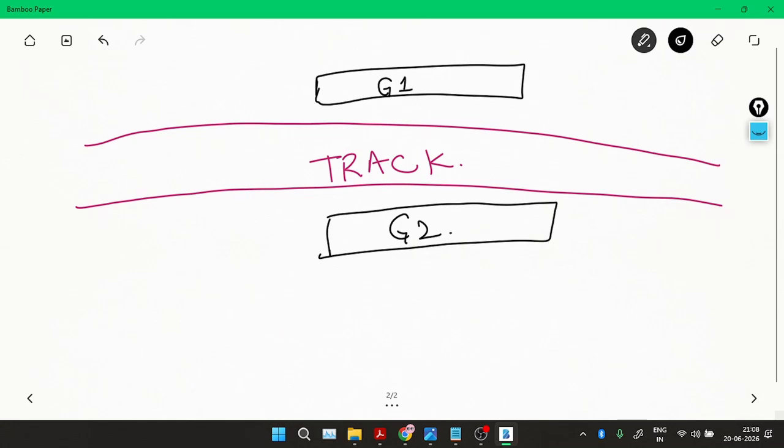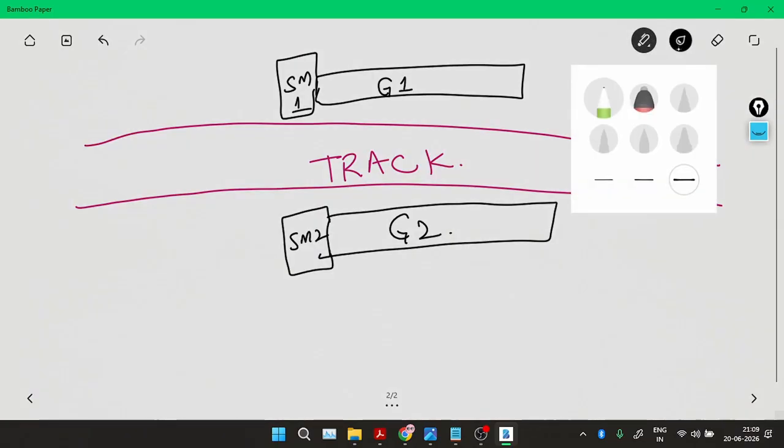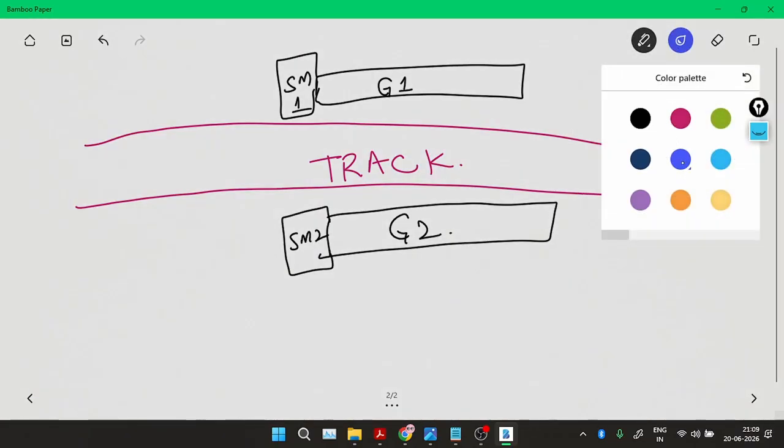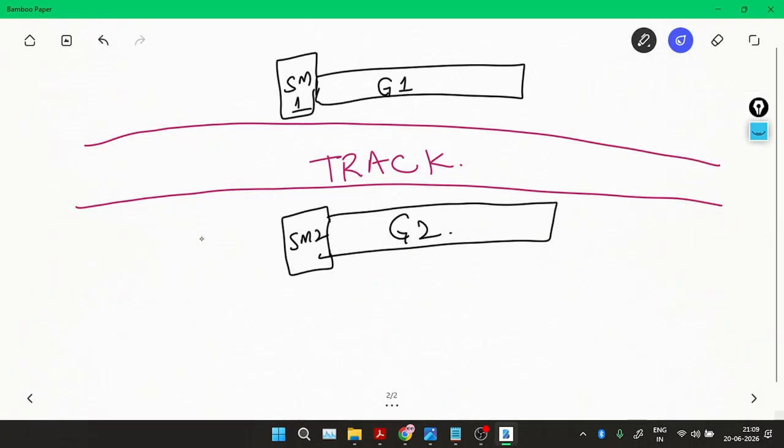In order to operate these two, I'm going to attach a servo motor SM1, and this is SM2. For controlling these two, I definitely need a microcontroller, which is nothing but the Arduino board. This Arduino board is attached to this servo motor and this servo motor too.